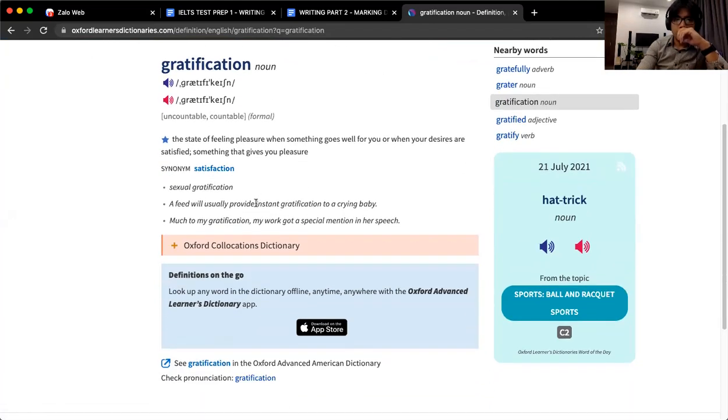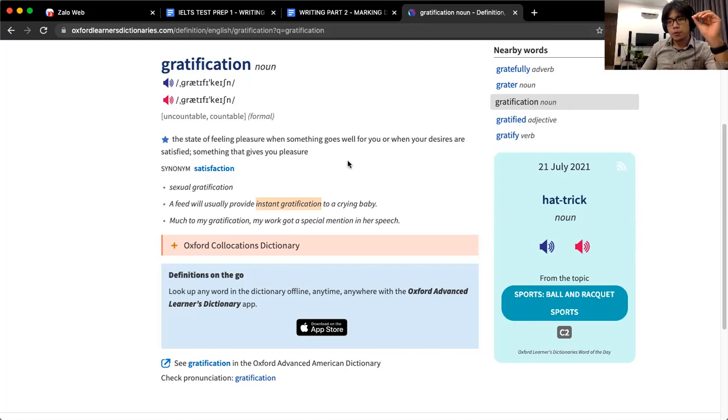And we have a collocation for that, that is instant gratification. For example, when you are bored, you usually reach out to your smartphone. You do it out of boredom. But the problem is, people say that will give you instant gratification. If a native speaker says that, he will say instant gratification. He will not say satisfaction.